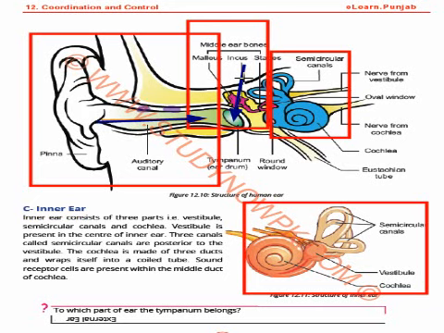Three small bones are there, and they are known as ossicles. These middle ear bones are known as ossicles, and their names are malleus, incus and stapes.